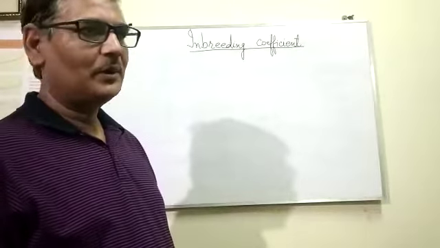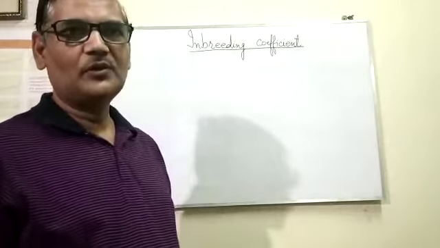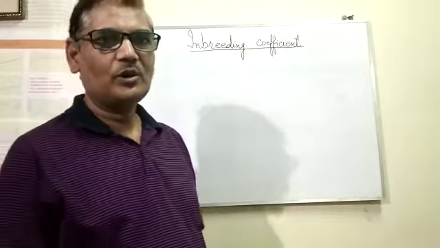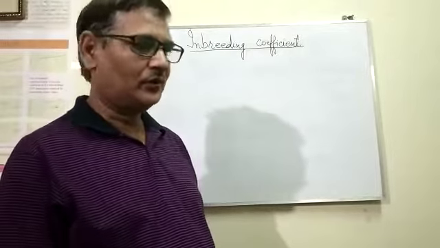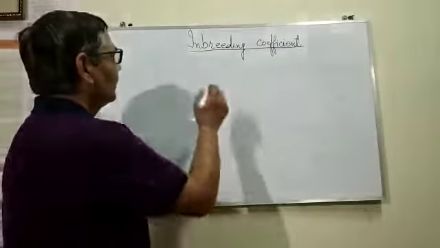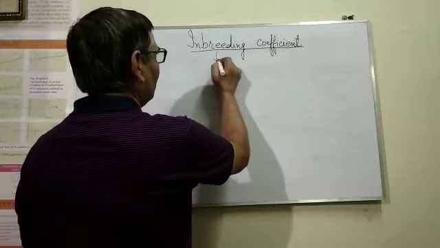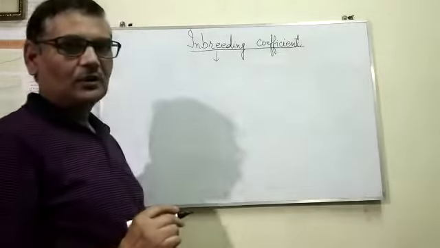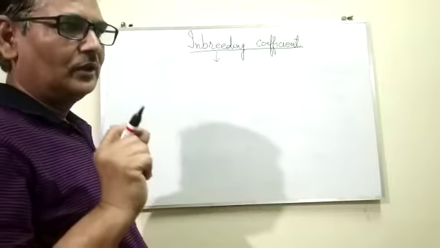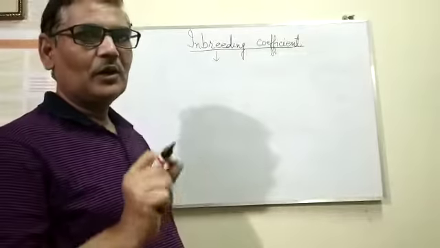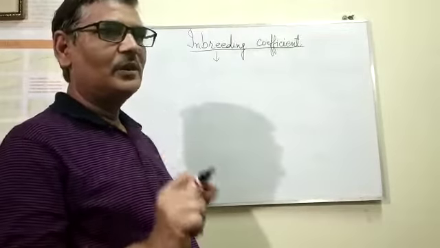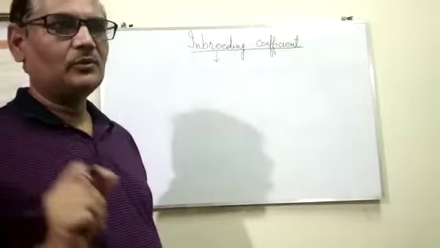I am going to explain the inbreeding coefficient, that is, how to calculate the inbreeding coefficient of a population. If we define the inbreeding coefficient, then we can say that it indicates to what extent inbreeding is occurring in a population.